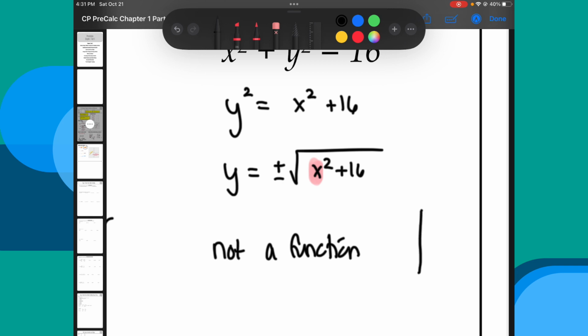This graph, when we look at it, the positive side looks like this, and then the negative side looks like this. So it should be a circle. My graph's a little wonky, but imagine a circle. So when we test out the vertical line test, we can see right away that the graph is being touched by that vertical line here and also down here. So that's the other way that we could always tell that it's not a function.